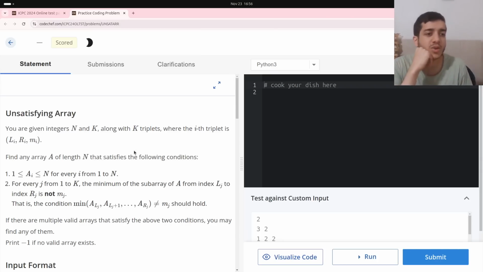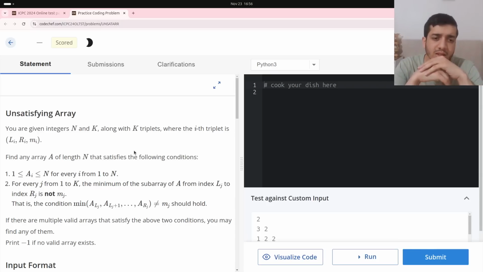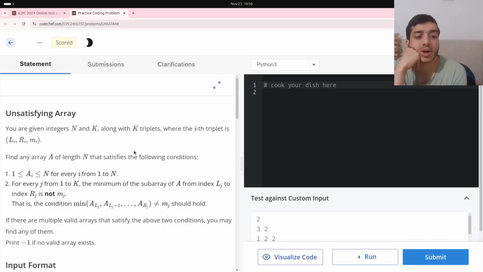So you are given integers n, k, and k triplets. It says to find an array A of length n that satisfies the following conditions. All elements are in range n, and the minimum of each triplet is not mj.